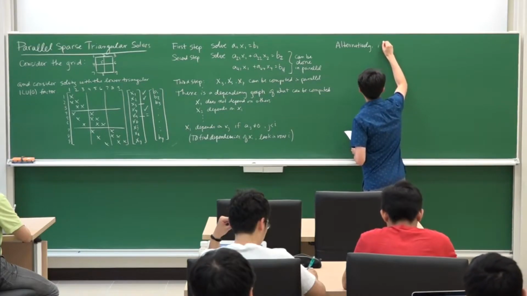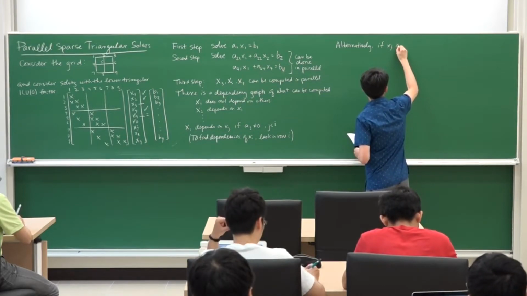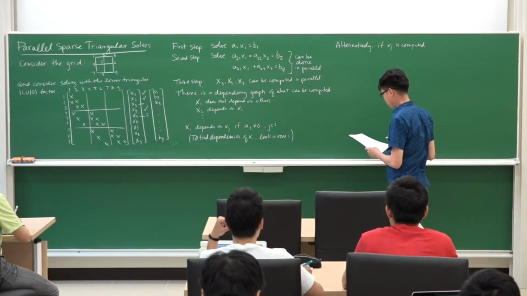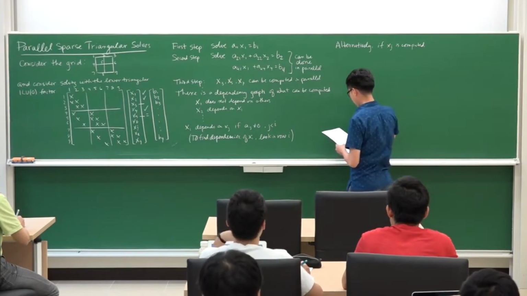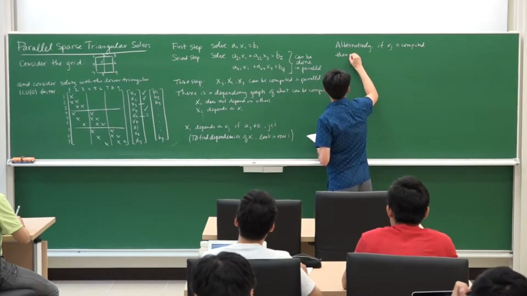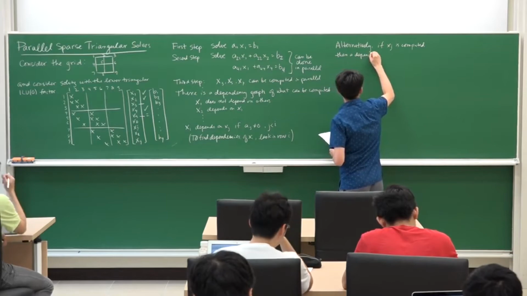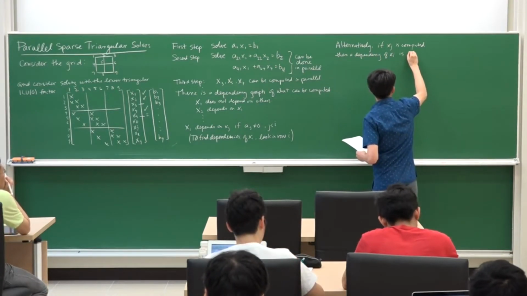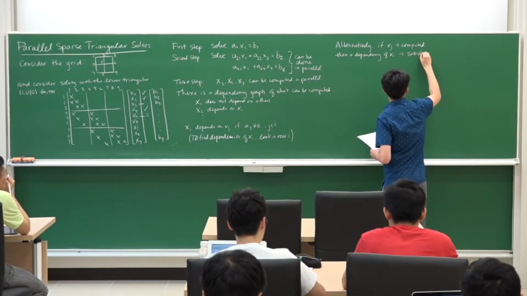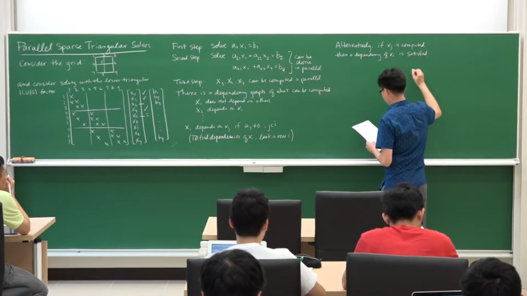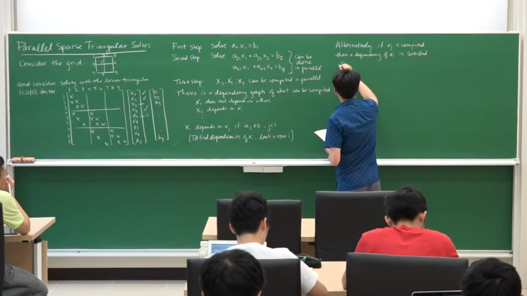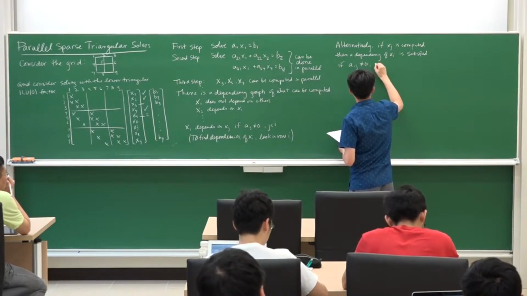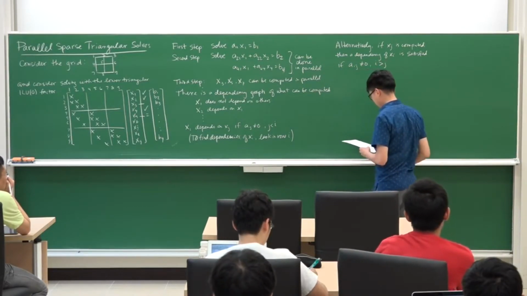Alternatively, if xj is computed, then a dependency of xi is satisfied if aij is not equal to 0 and i is greater than j.